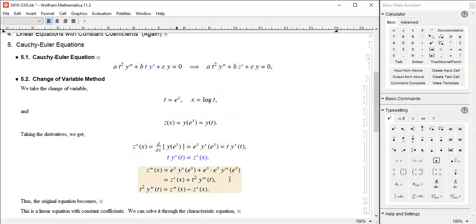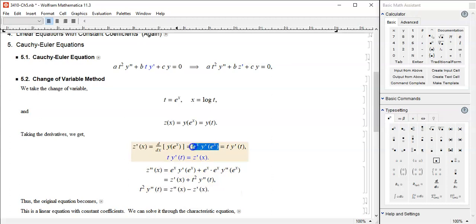Now let's take another derivative. z prime is equal to t y prime of t, or equivalently, e to the x times y prime of e to the x. Let's take the derivative here using the product rule. The second derivative is the derivative of the first function, this exponential, which stays the same, times the second function, which stays the same.